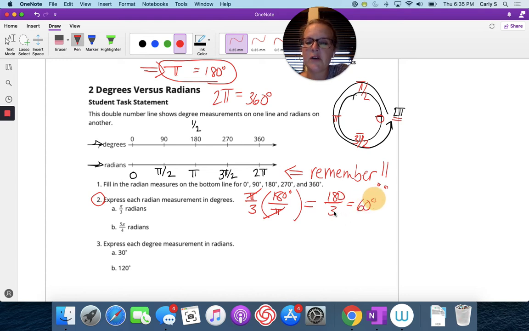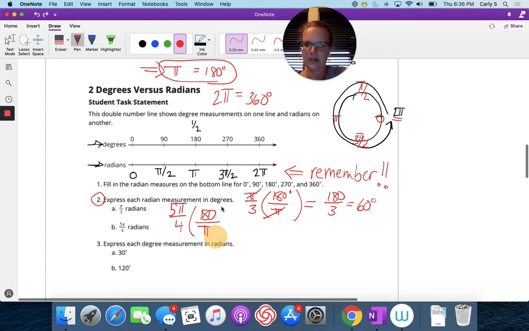Again, another very useful thing to do, not only in geometry, but in math classes in the future. All right, how about 5 pi over 4? Well, pi is on top, so I need pi on the bottom times 180. Ooh, that's messy.